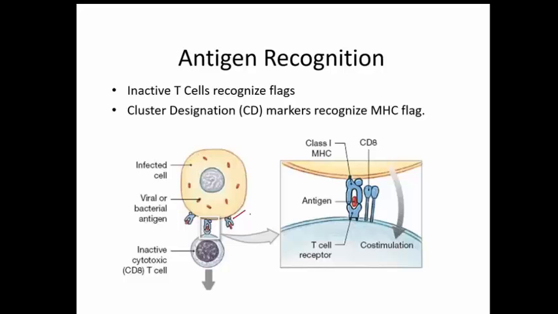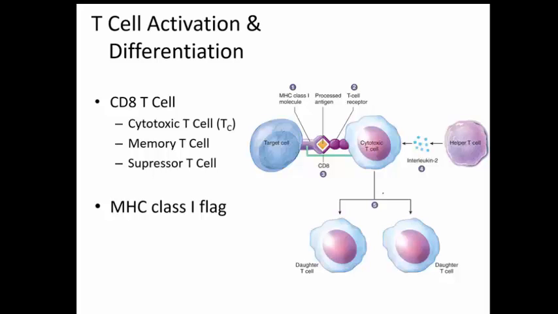So we know then that this is a class 1 MHC holding out an antigen that was processed, an endogenous antigen, and the inactive cytotoxic T cell, which has the CD8 cluster marker, which would be right here, will recognize this antigen-presenting cell, and it will recognize the antigen. And then you get co-stimulation, of course, from cytokines as well that helps in the activation. And this will then lead to differentiation.